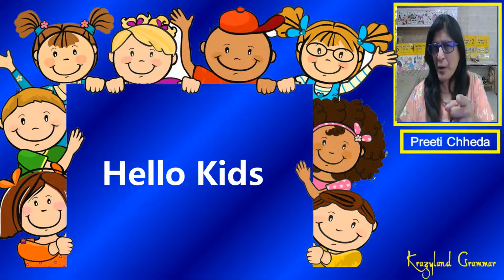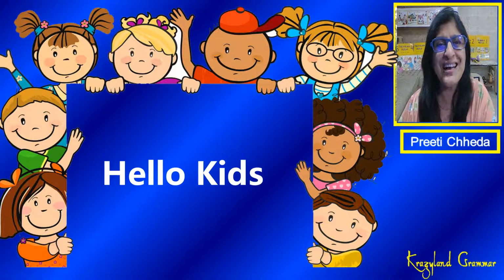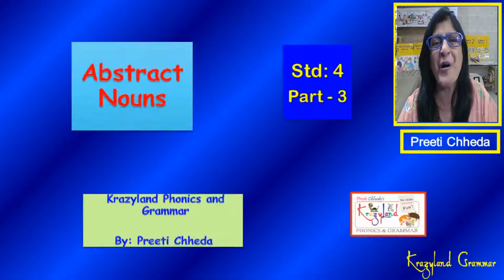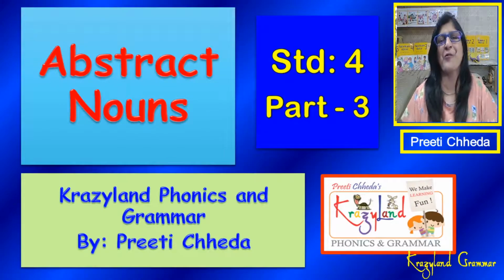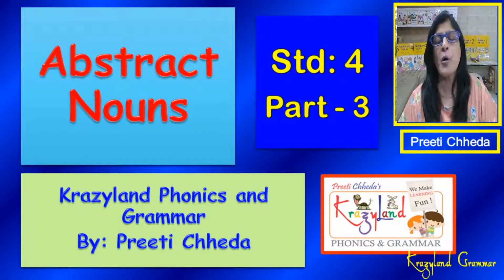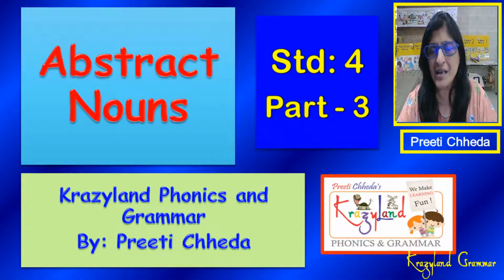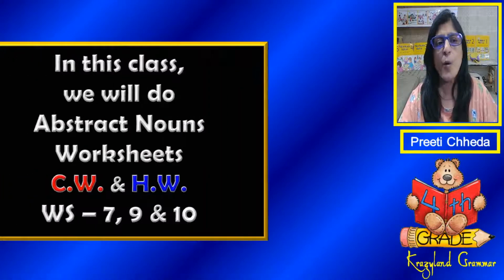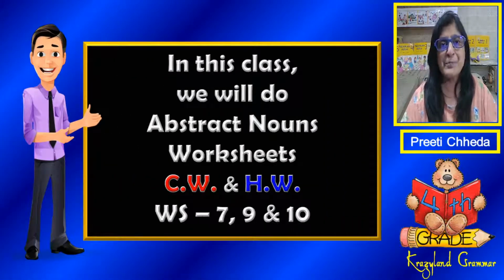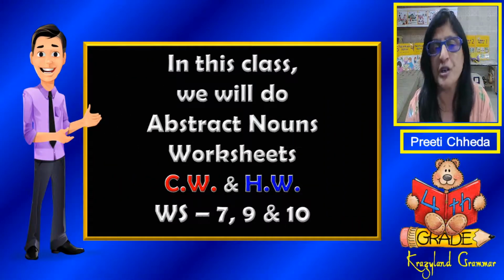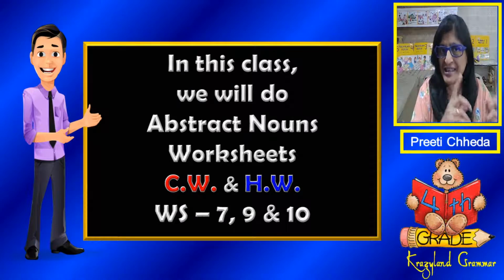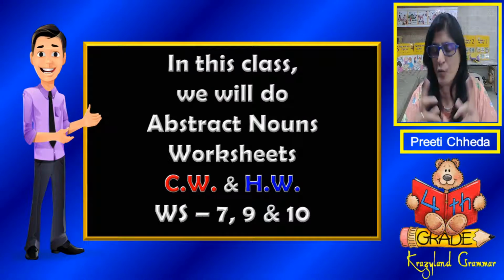We are back with our virtual classes for you all, that is Standard 4. We are here with part 3 of Abstract Nouns. So what will we be doing in this class? In this class, we will be doing the Abstract Nouns worksheets. That is your CW and HW, both.